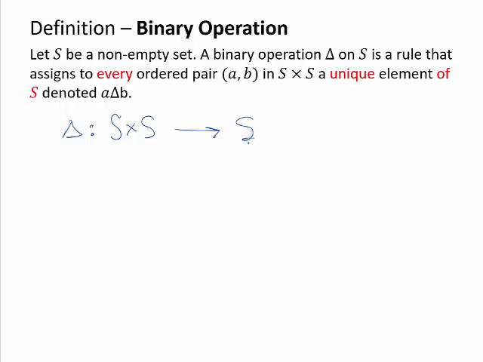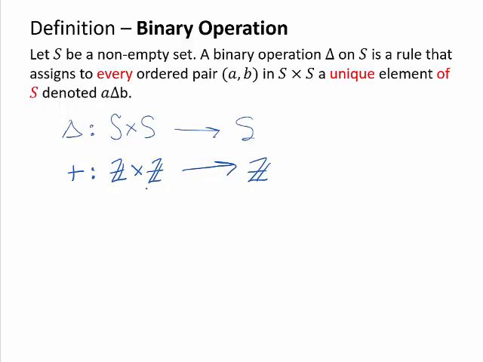Now, you're not used to thinking of binary operations this way, but an example would be if delta is addition, and we are talking about adding in this set of integers. You don't have to think of it this way, but we just talked about functions, so why not see that this is really exactly what it's saying.